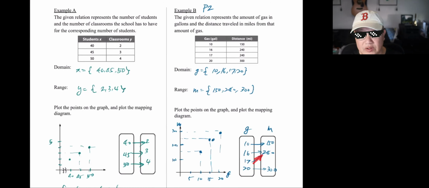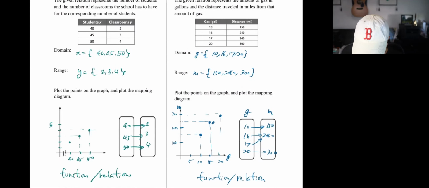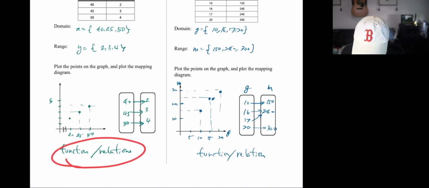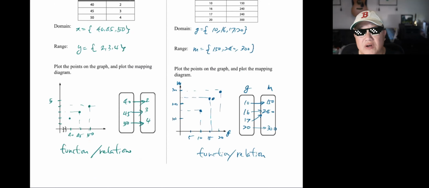Yes. Does 16 have one output? Yes, it does. A function never said that you can't have the same output, right? Exactly. All right, guys. And so they're both functions and relations, right? A function is a special kind of relation, so they're automatically both relations, and they are both functions as well.